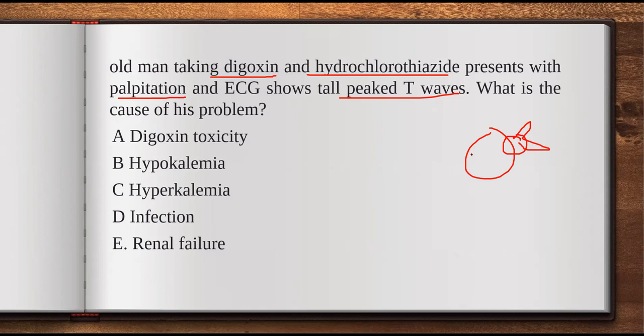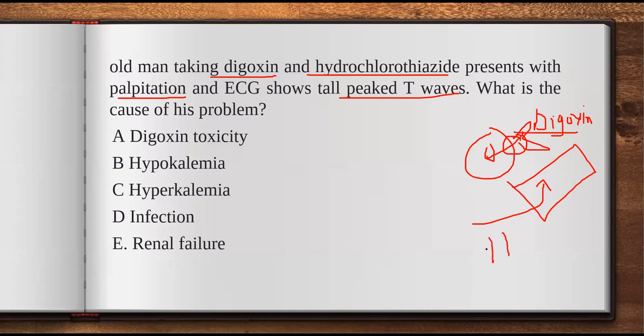Now, if there is less potassium in your body, more digoxin is binding and going into the cell. If potassium cannot go in, then potassium stays outside, in your blood vessels or plasma. With more and more digoxin going in, it will cause digoxin toxicity. And later on, this digoxin toxicity will lead to hyperkalemia.